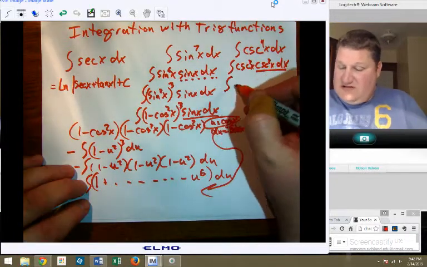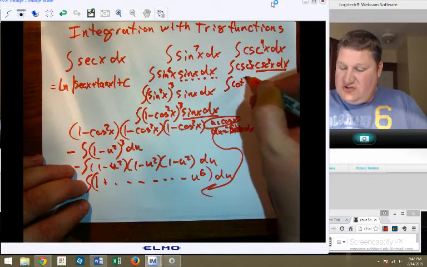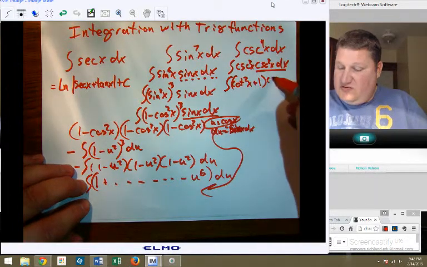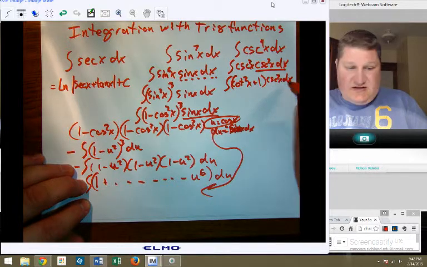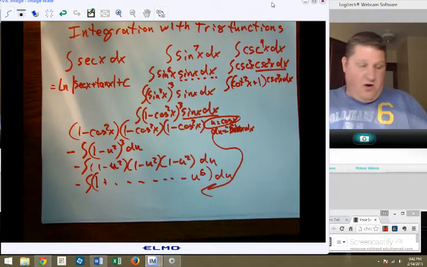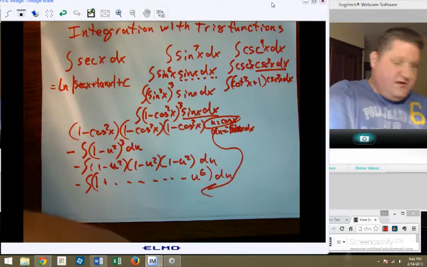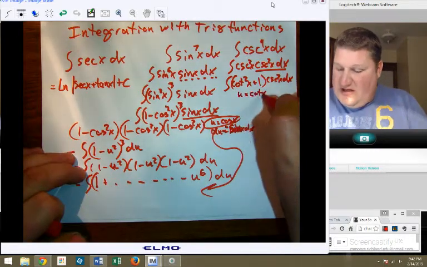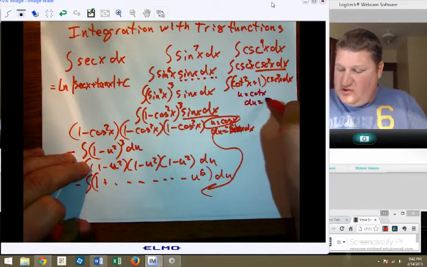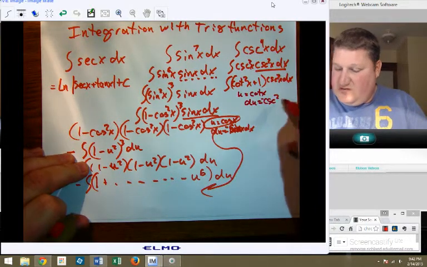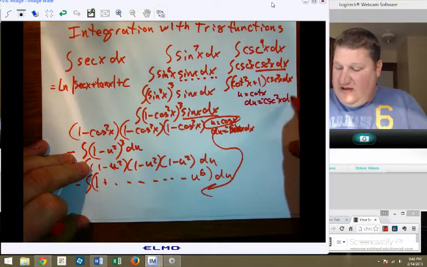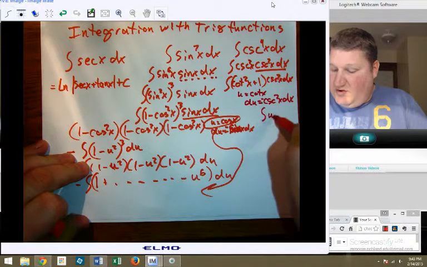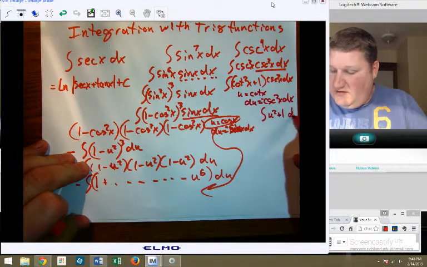So I can replace this with cotangent squared x plus 1, cosecant squared x dx. And now all I have to do is say if u equals cotangent x, du equals negative cosecant squared x dx. And so I simply have the integration of u squared plus 1 du.